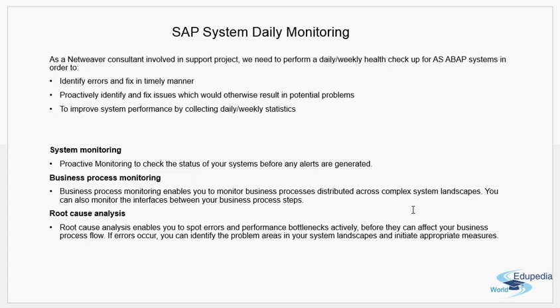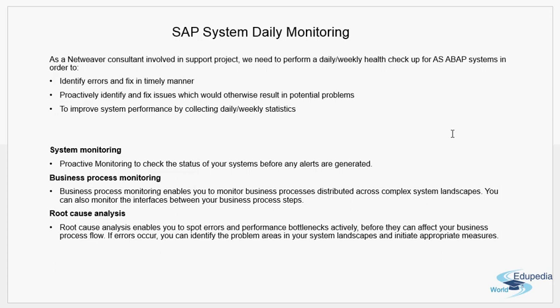Okay, so when you look from a business perspective, there is something known as business process monitoring, that is, the flow of data from one system to another and the processing of data in the system. When your landscape is complex, that is, you have n number of systems connected, in that case you will need business process monitoring, and here also you will monitor the interfaces between your business process steps. The third type is root cause analysis.